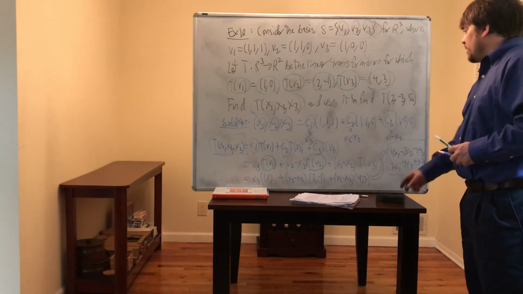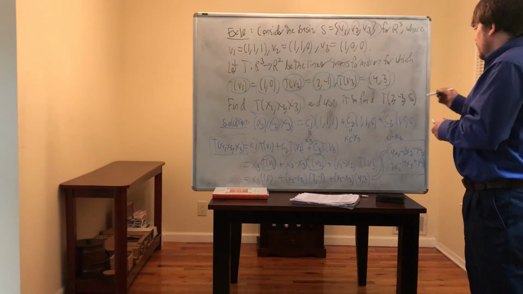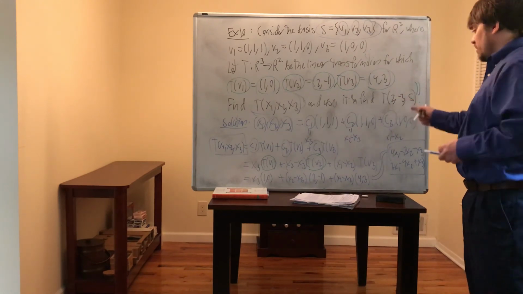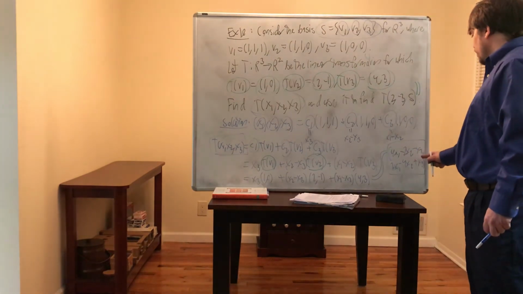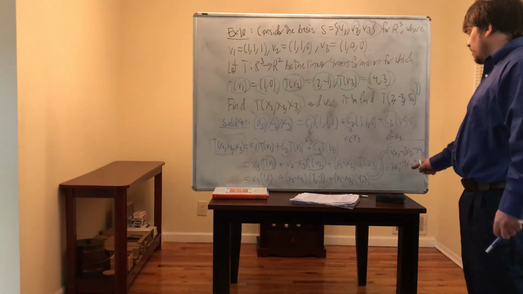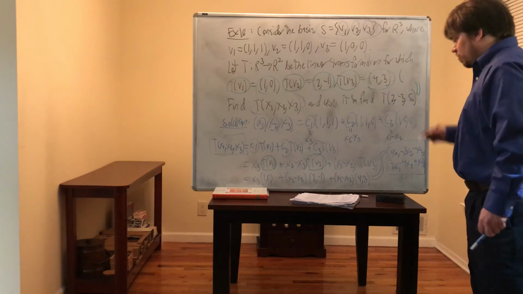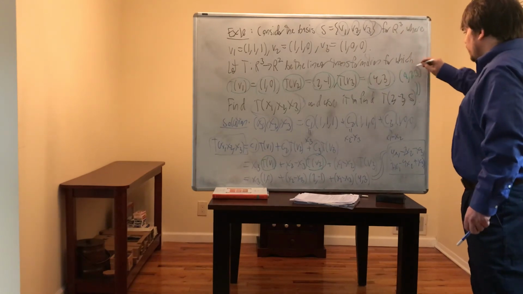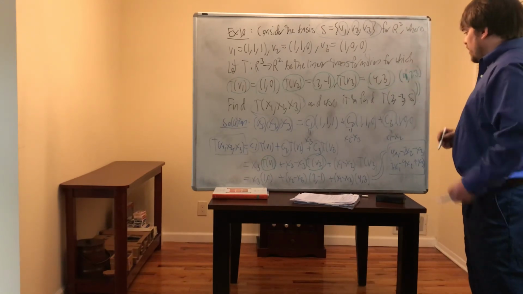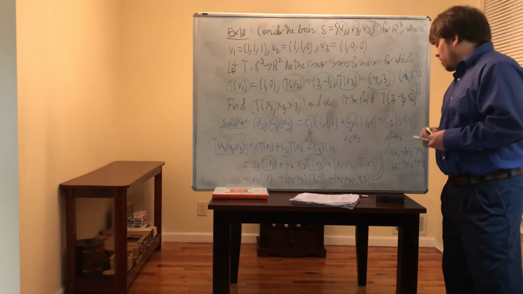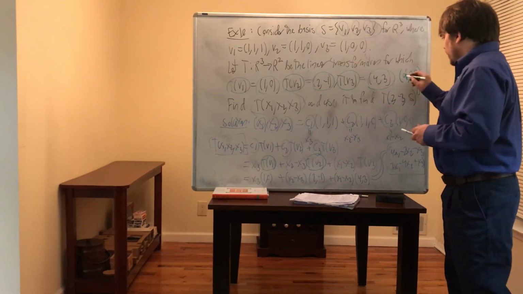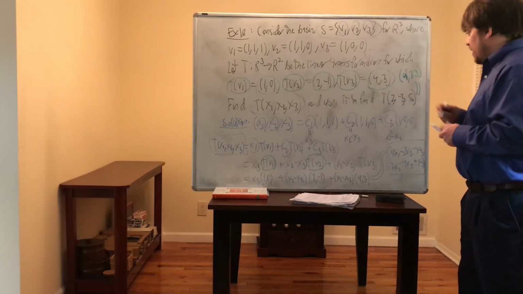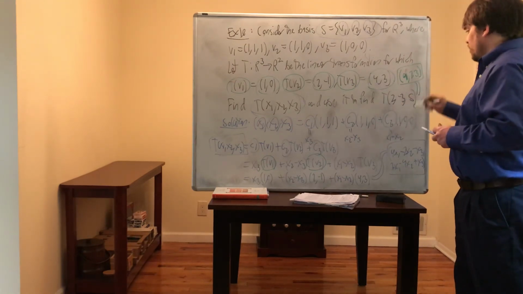When you plug in 2 for x1, negative 3 for x2, and 5 for x3, after a bunch of arithmetic, you get 9, comma, 23. And so T of 2, comma, negative 3, comma, 5, you just plug those values in here, and you get 9, comma, 23. And that's the answer for the second part. And so we're done with that also.